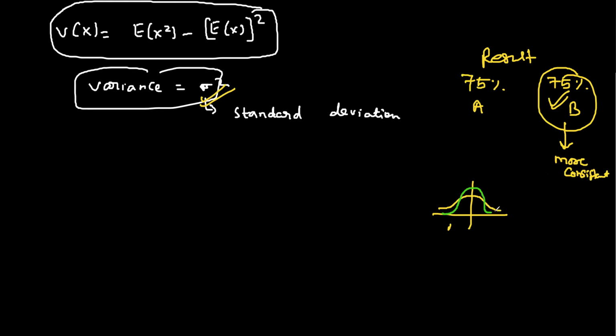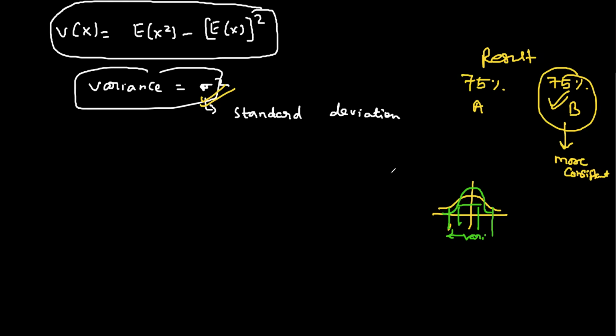It means that the green person's marks are less spread, and the marks of the yellow person are more spread. More spread means greater variance, and less spread means lesser variance.